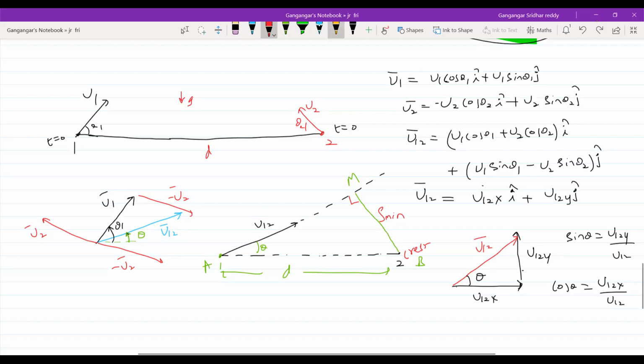So come for the mathematics. Sine theta is equal to S minimum by D. So S minimum is D sine theta. What is sine theta from here? u12y by u12.